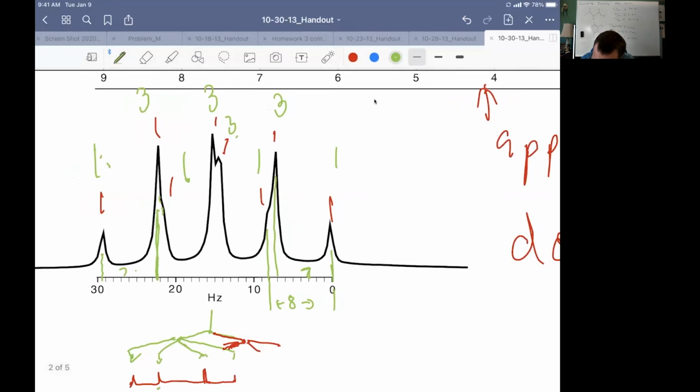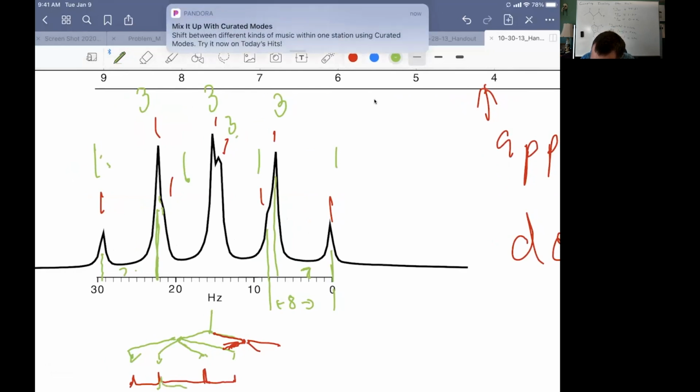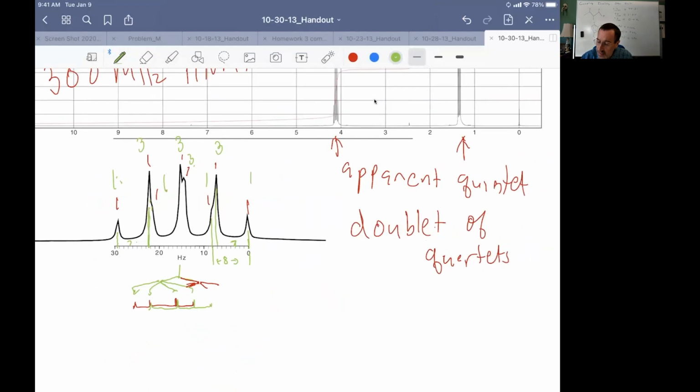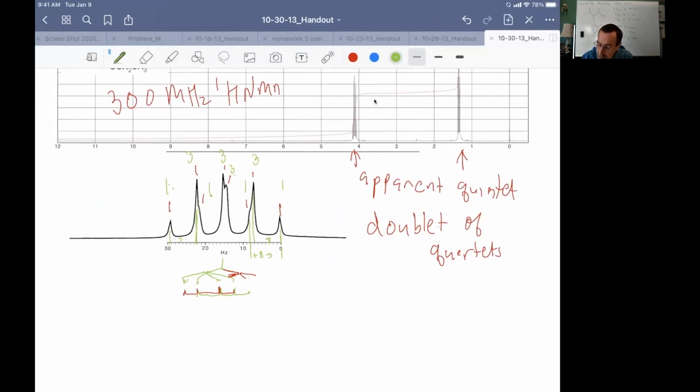And we'd be getting 1, 3, 3, 1, and that's what we're seeing. So it's a doublet. So what we have here is probably best described as a doublet of quartets, J equals 8, 7 hertz, where the smaller splitting is 7, the bigger is 8.